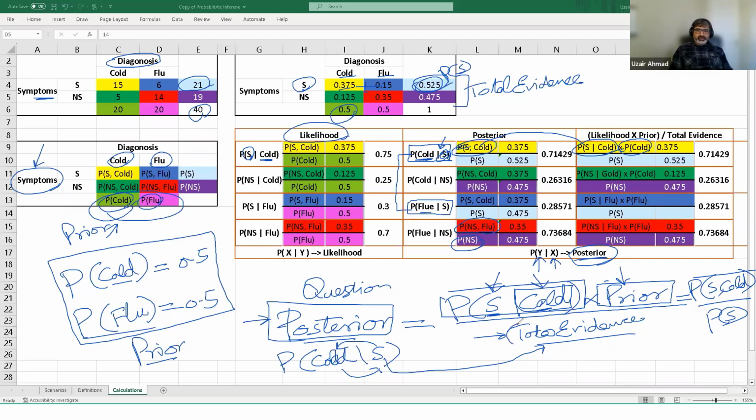The denominator is the total evidence. I'm going to clean it up and I will ask you to help me rewrite it.